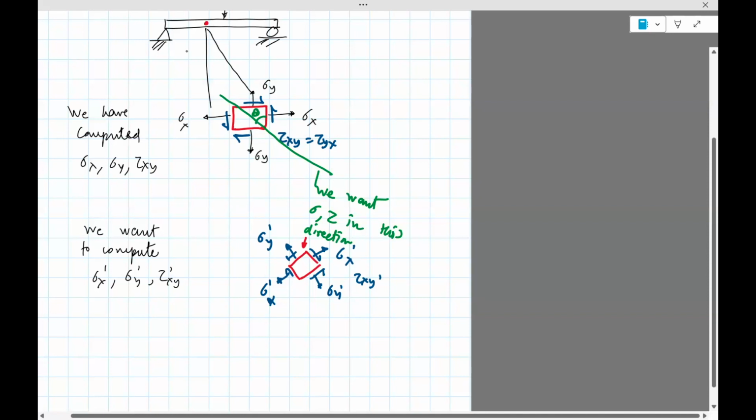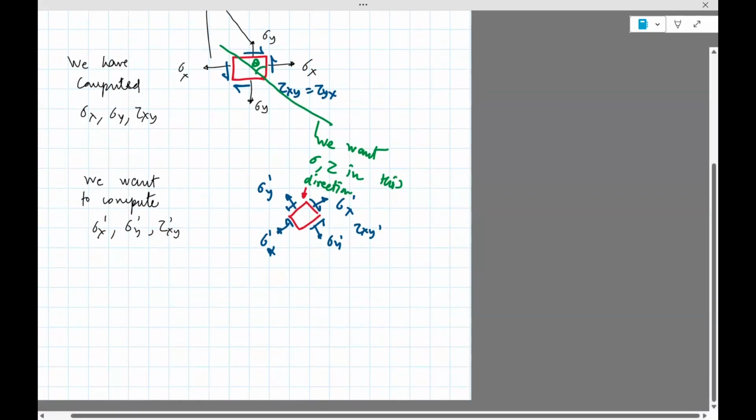Why you want it rotated is because the maximum stress, you've heard of principal stresses, those principal stresses, which are the maximum stresses which can act, need not act in a section which is along the xy direction. They may act at an angle to the xy direction, like this. Okay, and remember that when you do a design, you're interested in the worst possible stress, not the minimum possible stress or the average stress, the worst stress. And the worst stress might be in this section.